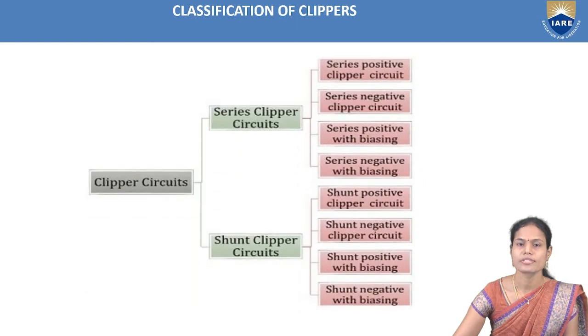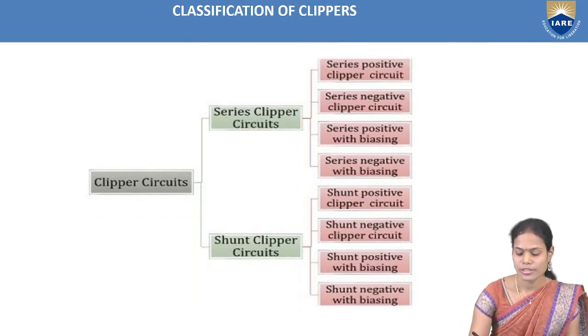Next we will see the different classifications of the clippers. In clipper circuits, we have two types: series clipper circuits and shunt clipper circuits. In the case of series clipper circuits, we again have positive clippers as well as negative clippers.